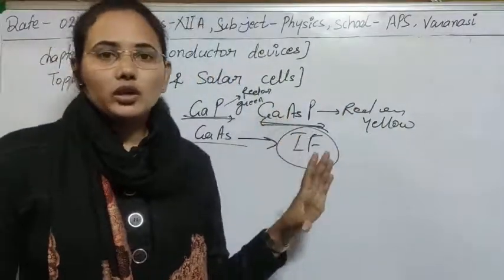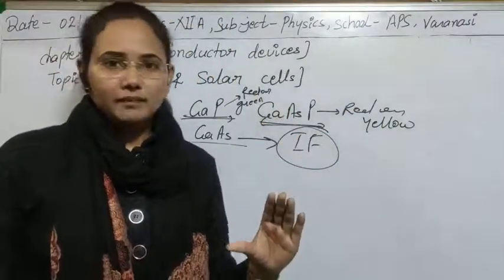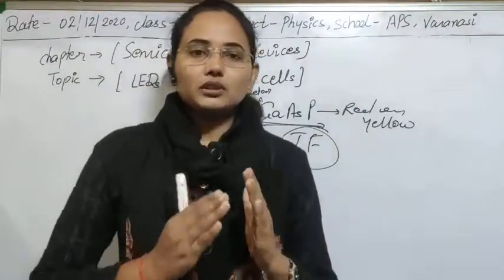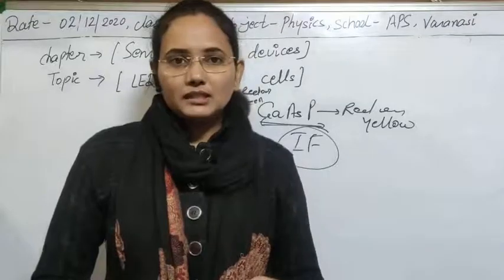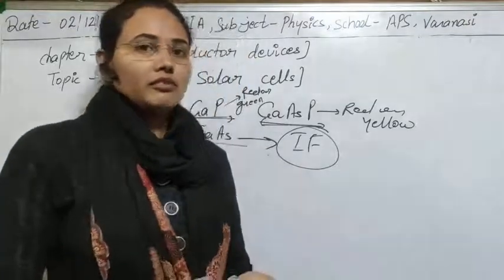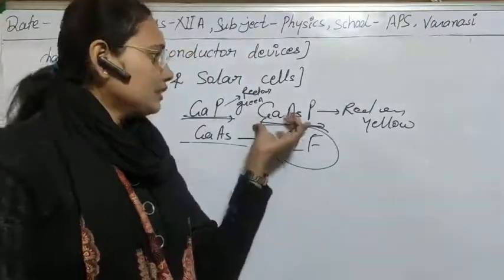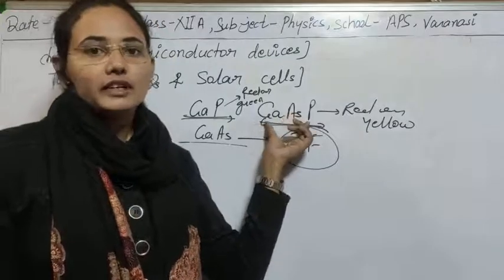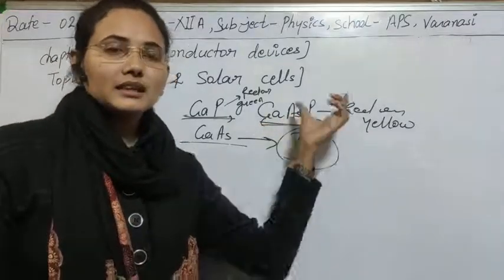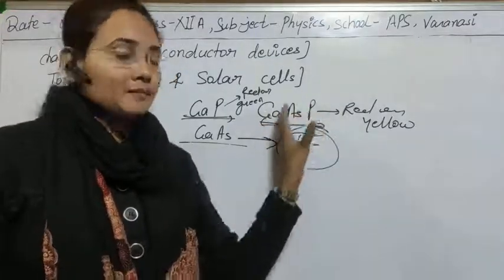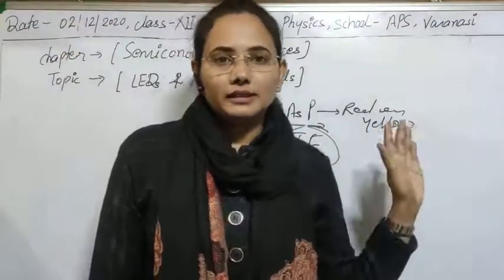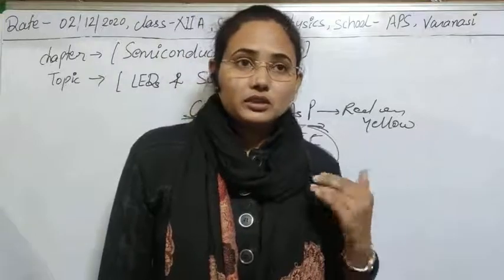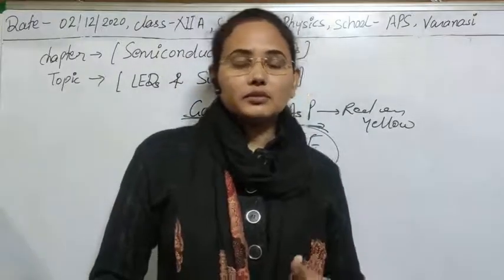If we want to change the color of light, we have to change the frequency or wavelength, and for that we have to change the material. So if we use different materials, then due to the material difference, we can change the frequency or wavelength, giving different colors of radiation.